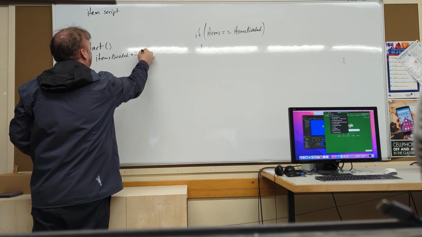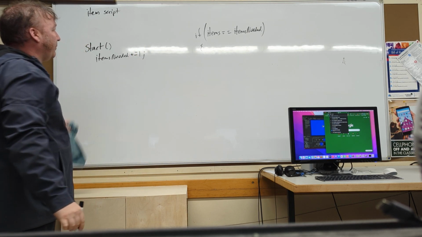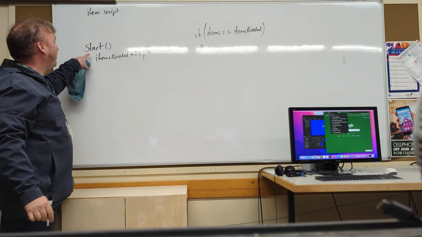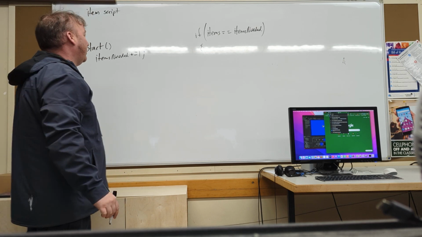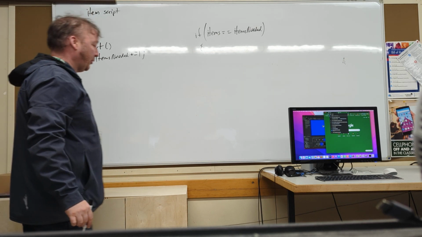Plus equals 1. And then that way, every time an item is loaded in the scene, the items needed goes up by 1. Okay, and so that's in the item script.